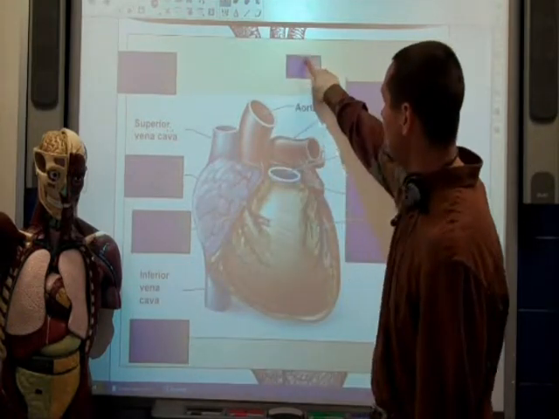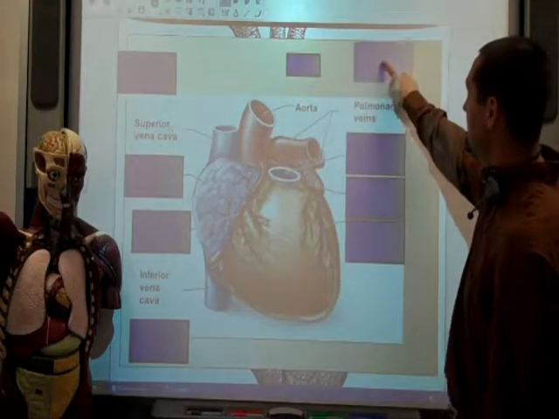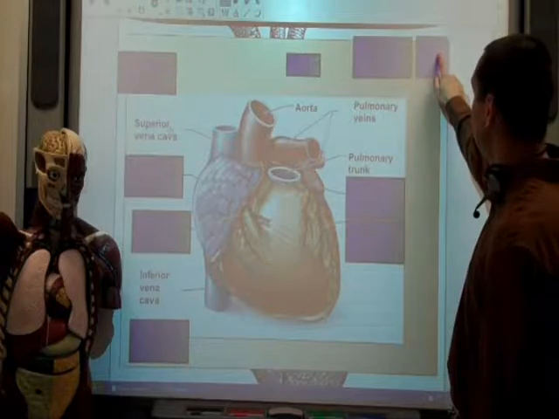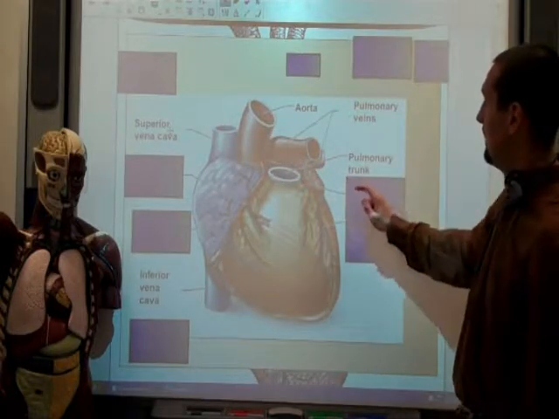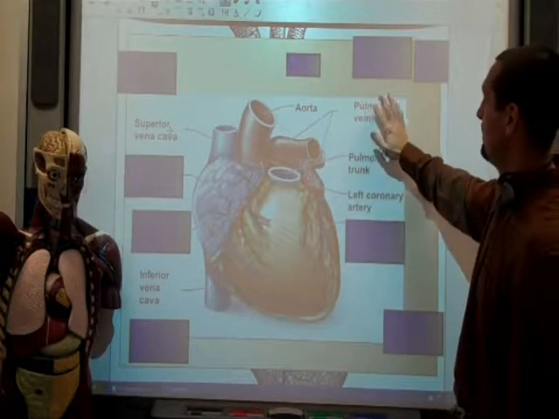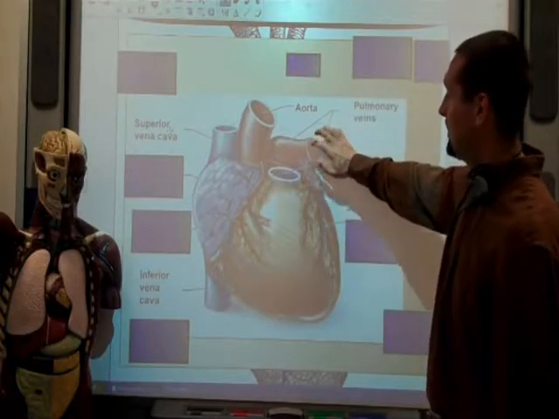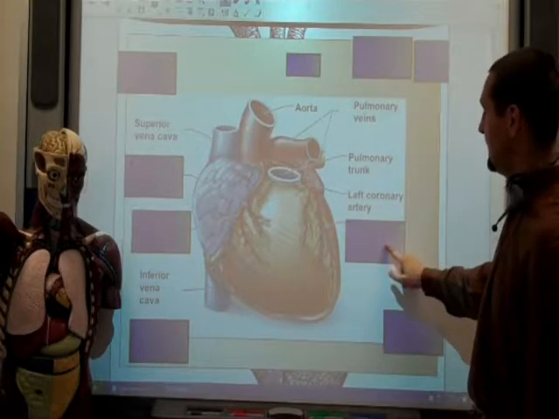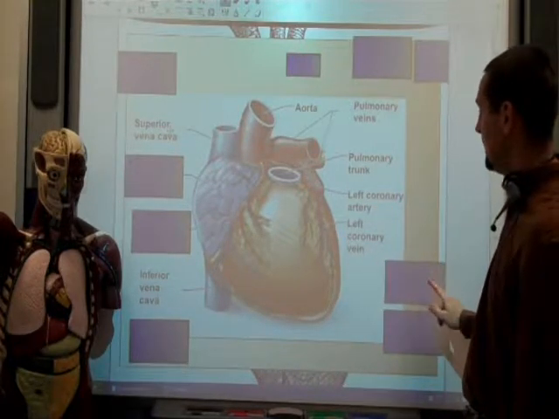Over here, aorta. These are major blood vessels. Here we have the pulmonary veins. Sorry, here we have the pulmonary trunk sending blood to the lungs, and here we have the pulmonary veins getting blood back.